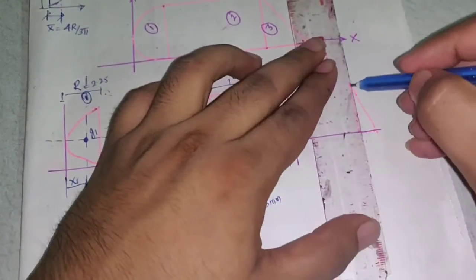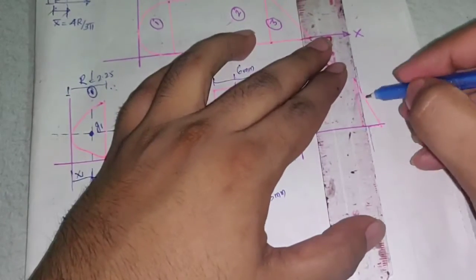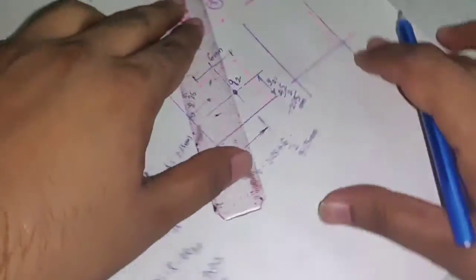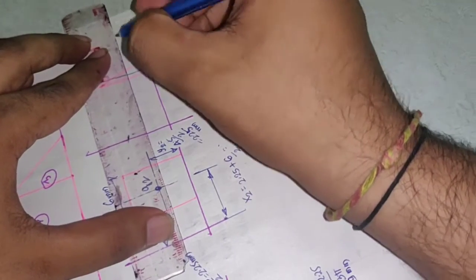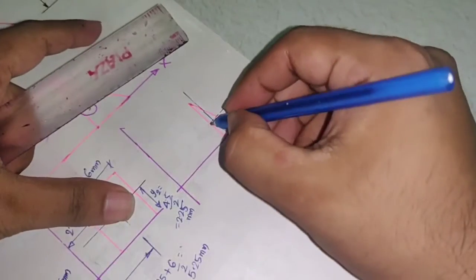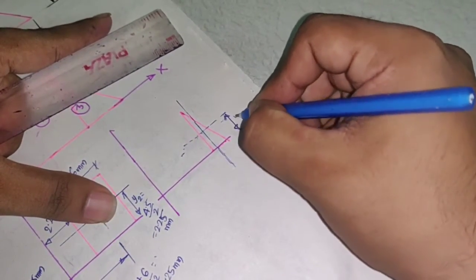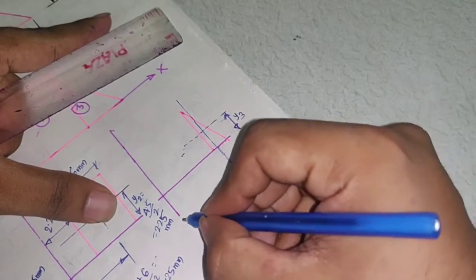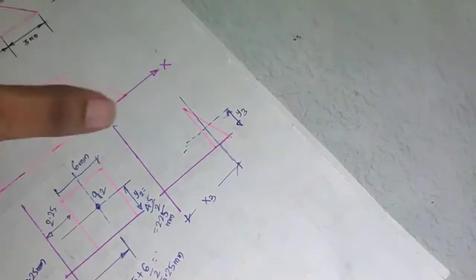Similarly, for this right angle triangle, this distance is y3 and this distance is x3.